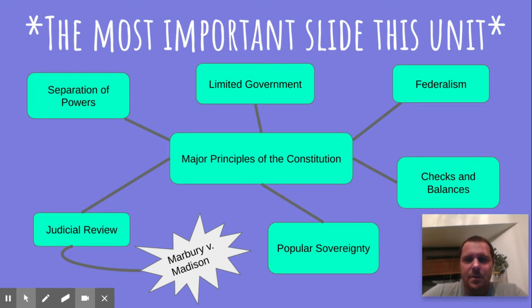So let's start up here at the top. First major principle of the Constitution is limited government. And basically, the simplest way to explain limited government is to think about the government's power being limited. And the government's power is limited by multiple things the Constitution says. For instance, probably one that you are most familiar with is the Bill of Rights, which says things like the government can't take away your right to free speech.